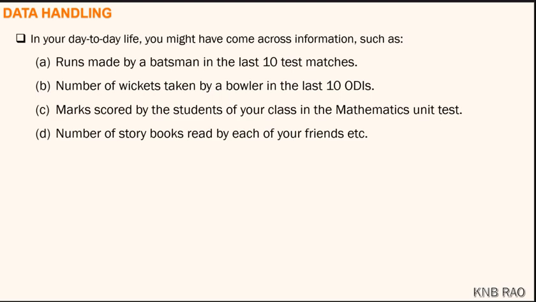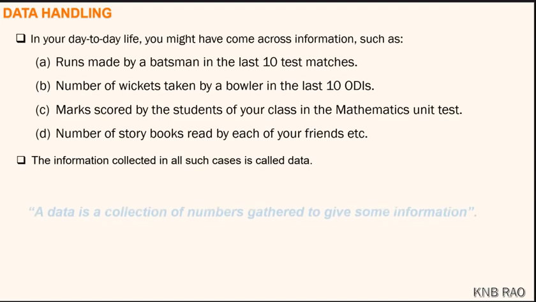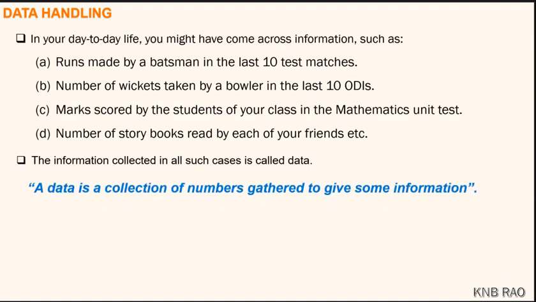What does this information talk about? The information collected in all such cases is called data. This data is a collection of numbers gathered to give some information. It's a collection of numbers gathered to give some information.